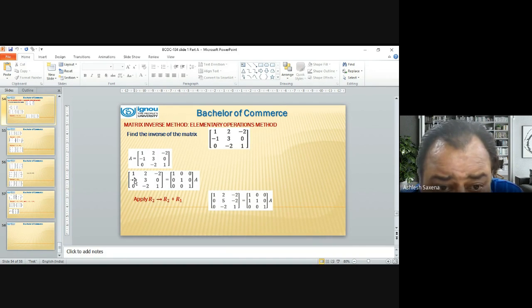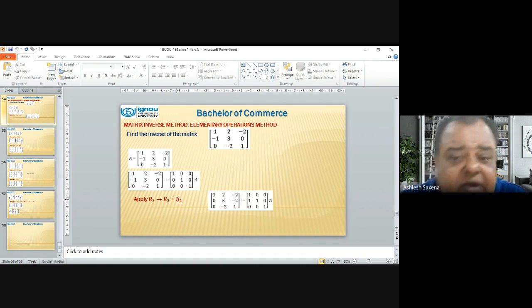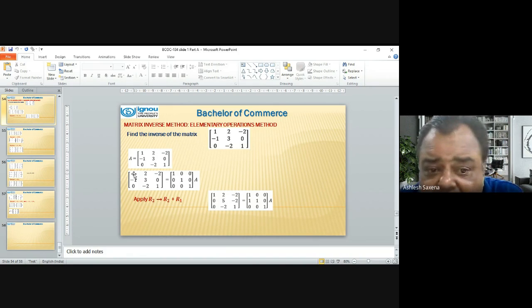Add: minus 1 plus 1 is 0, 2 plus 3 is 5, minus 2 plus 0 is minus 2. Correct? Rest, all the elements will remain the same. Don't change it: 1, 2, minus 2. This has been obtained after performing this transformation.